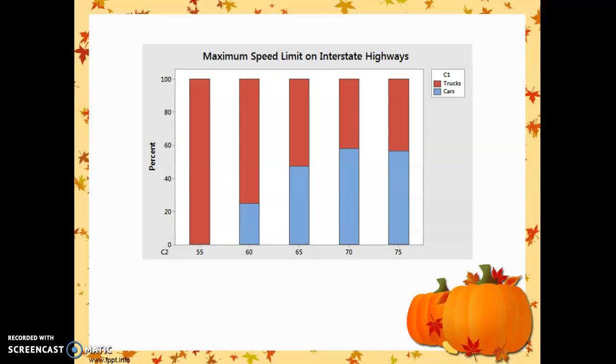So notice the blue bar is reaching a height of 25. The remaining 75% of those vehicles were trucks. So from 25 plus 75%, that takes you to 100%. And so you can see that the red bar is 3 times the height of the blue bar, which it should be because 75% is 3 times 25%.